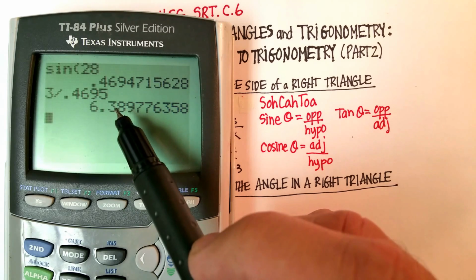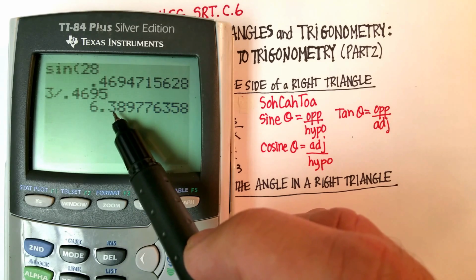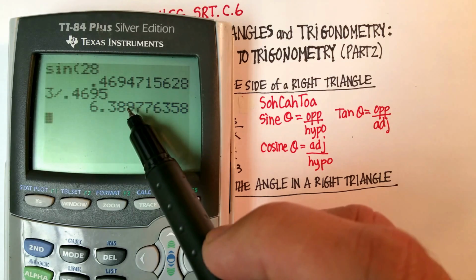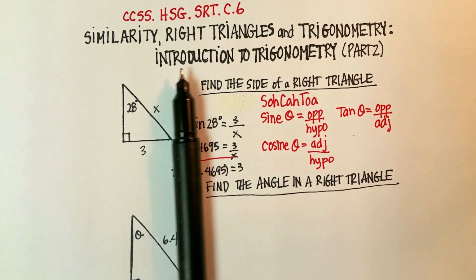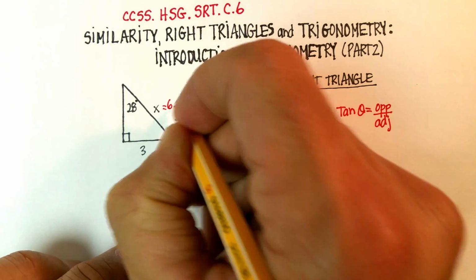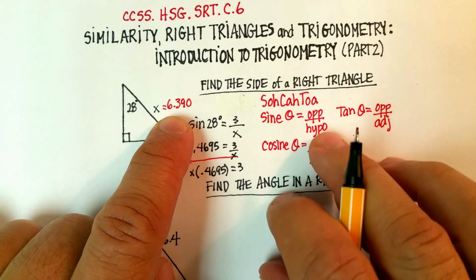And I'm just going to go to, again, 3 places here, 6.390. Okay, could just move that up 1. 6.390 is what's equal to x. Okay, and there's our answer.